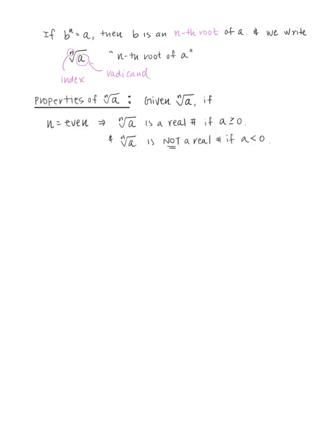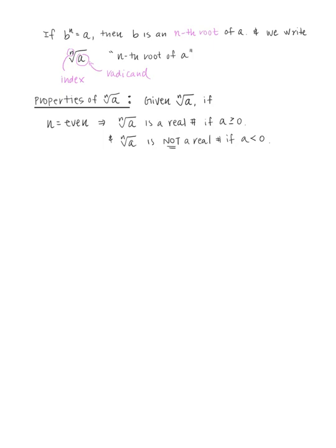Now let's talk about the properties of the nth root of a. Given the nth root of a, where I don't know what the number a is, if n is even, then the nth root of a is a real number provided that a is greater than or equal to 0. And the nth root of a is not going to be a real number if a is strictly less than 0.